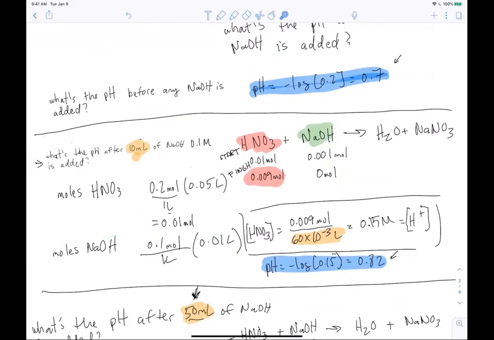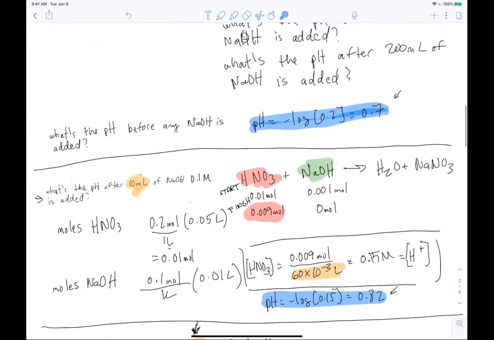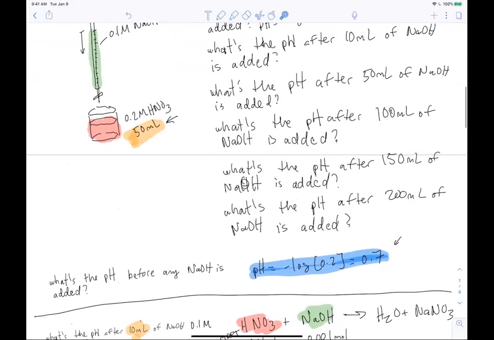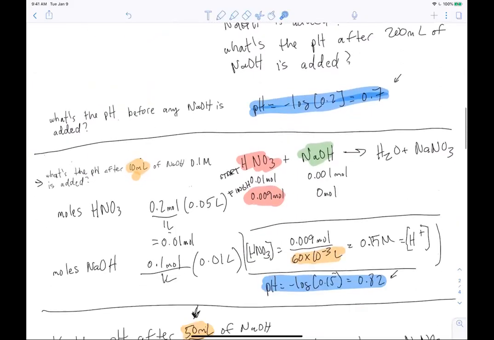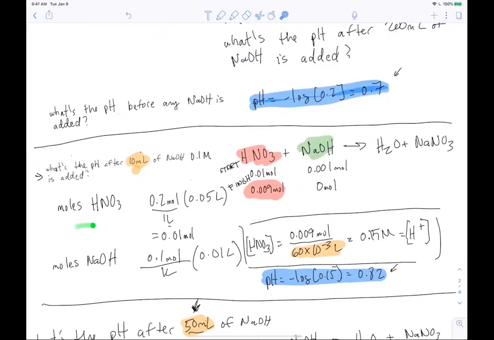So what we're trying to do is get rid of these volume pieces and just talk in terms of moles. If we forget about the fact that we need a solvent to do chemistry, you could say, how many moles of nitric acid do I have here and how many moles of sodium hydroxide have I added? That's all I'm doing here. Does that make sense? Yeah, I think I just wrote it down wrong.